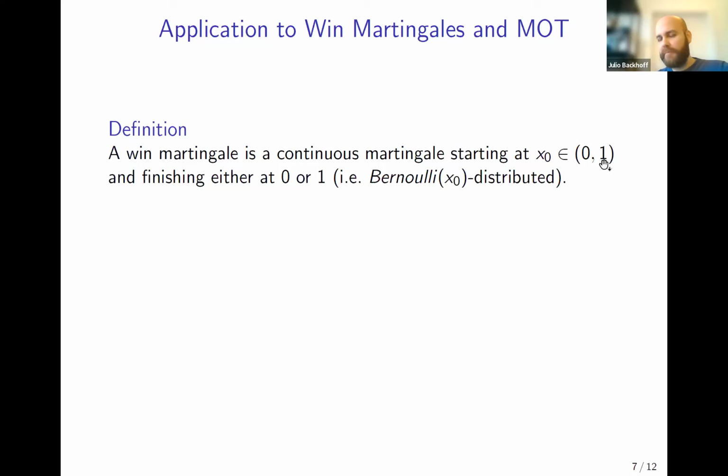And at the terminal time 1 for us, this martingale is either 0 or 1. So the distribution at time 0 is a Dirac at x0, and the distribution at time 1 is a Bernoulli with parameter x0. And in between, it's moving continuously.